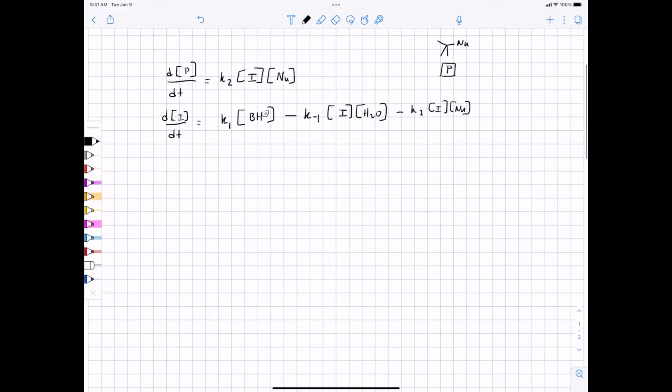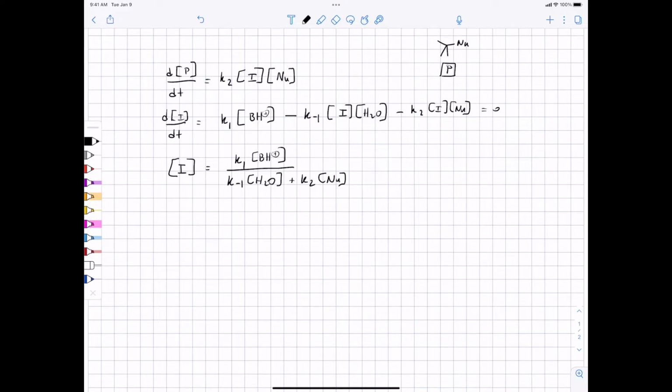And again, we can go through and set this equal to 0, isolate the terms with I, factor out I, and simplify. And that's going to give us k1 times BH plus divided by k minus 1 times the concentration of water plus k2 times the concentration of nucleophile. Look okay so far? Yep.